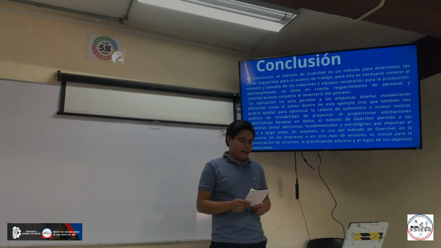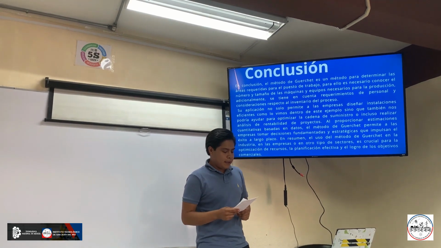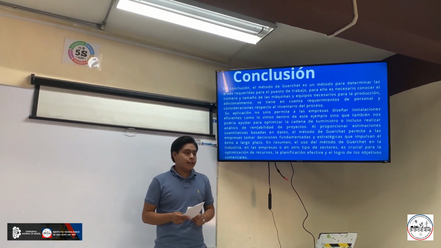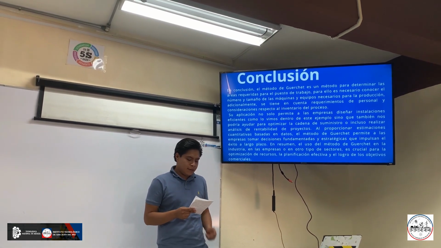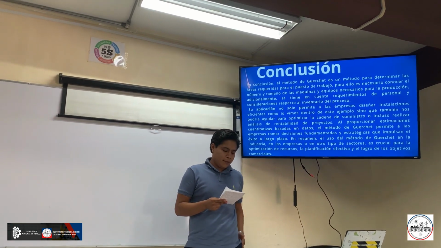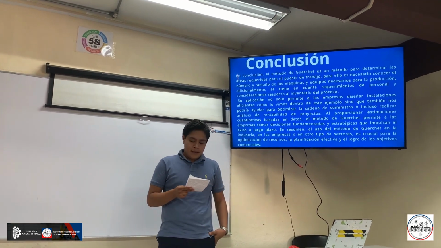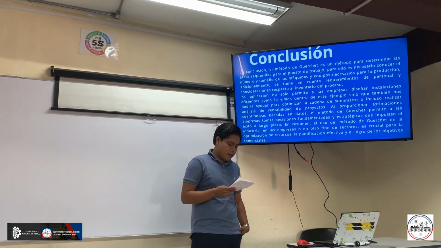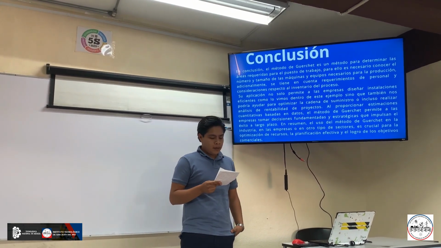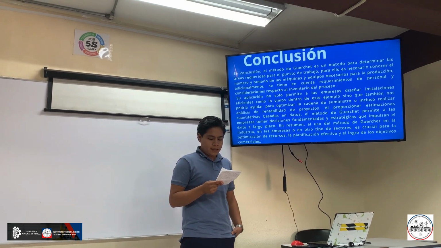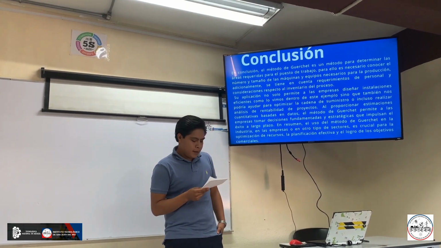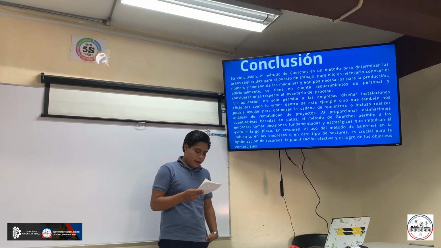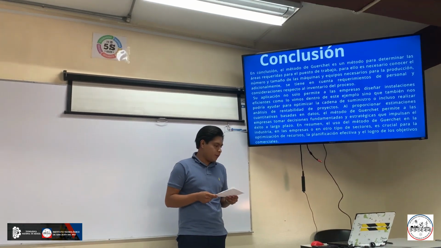In conclusion, the Guerchet method is a technique for determining required areas for a workstation. It requires understanding the number and size of machines and equipment needed for production. Additionally, it considers personnel requirements and inventory process considerations. Its application not only allows companies to design efficient facilities, as seen in this example, but also to optimize the supply chain and the analysis of products and variety of products.